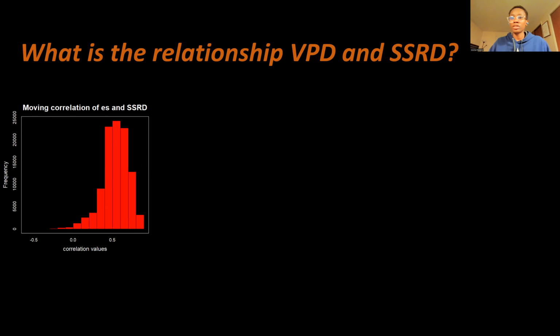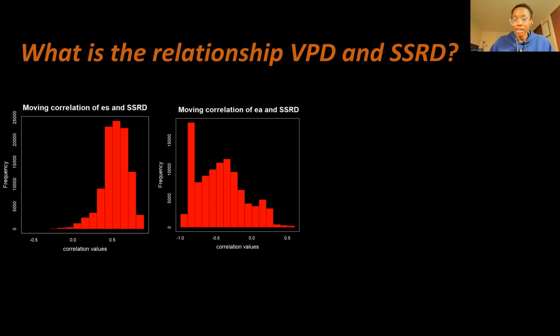First I did a correlation of ES and solar radiation. And from here we can see that there's a positive relationship between ES and solar radiation. So it means as ES, saturation vapor pressure, is increasing, solar radiation is most likely increasing. Then I checked for EA, and it's more of a negative relationship between EA and solar radiation.